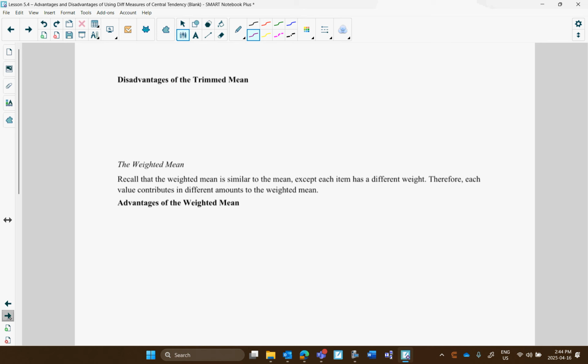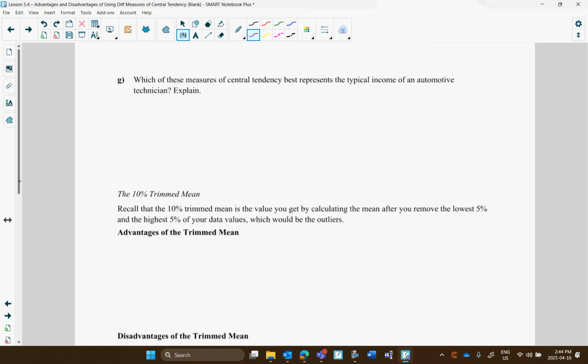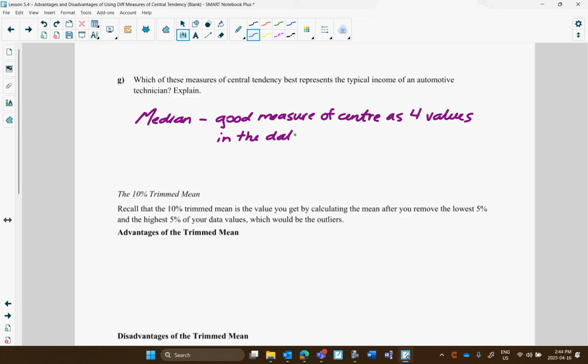And finally, which one? The median. And it is a good measure of center, as 4 values in the data are below it and 4 are above it.